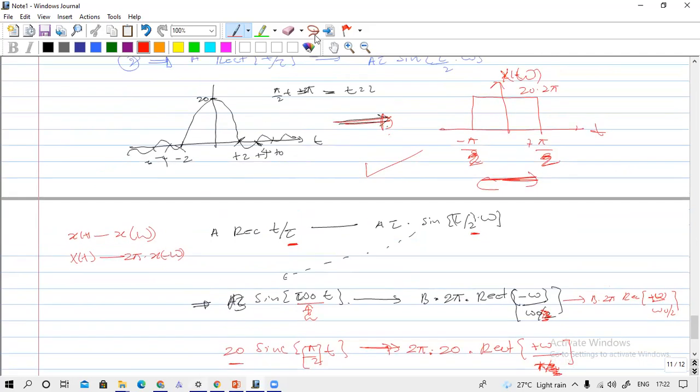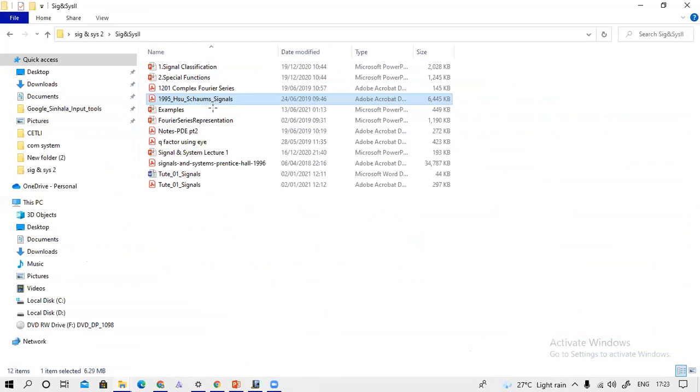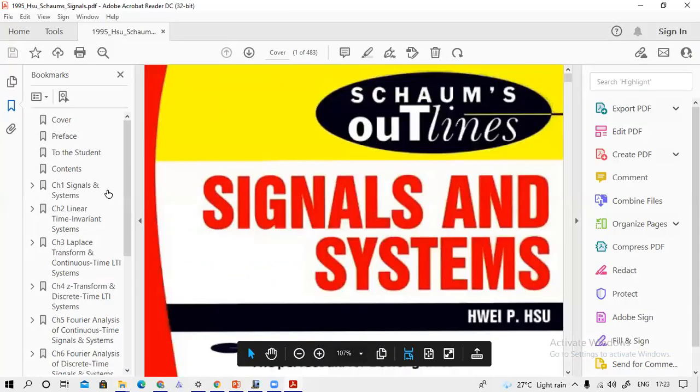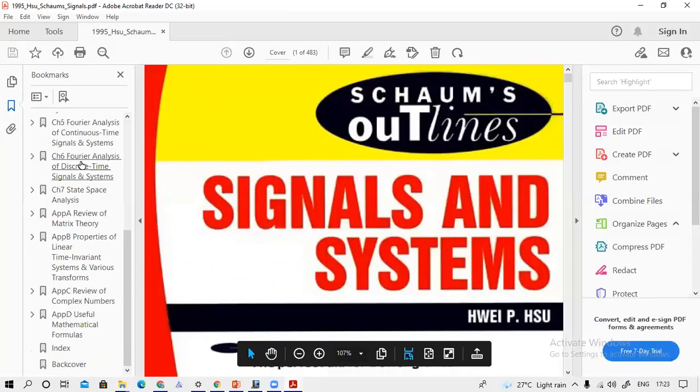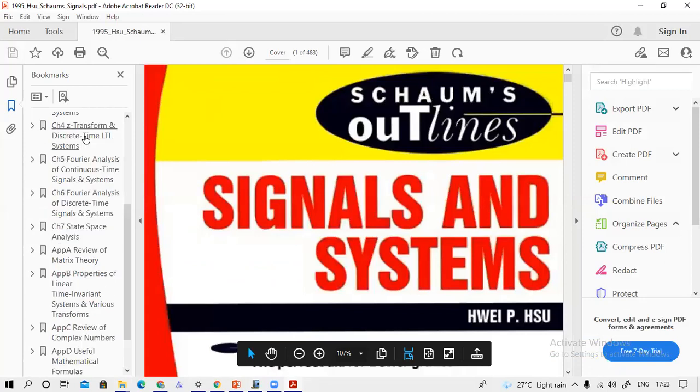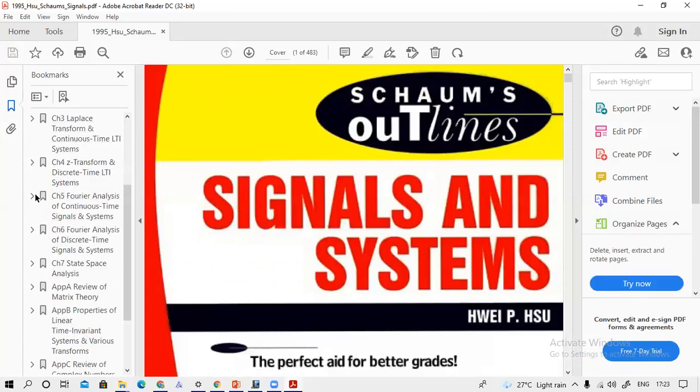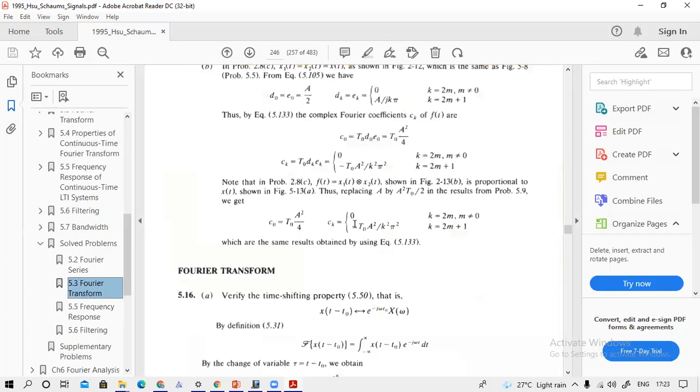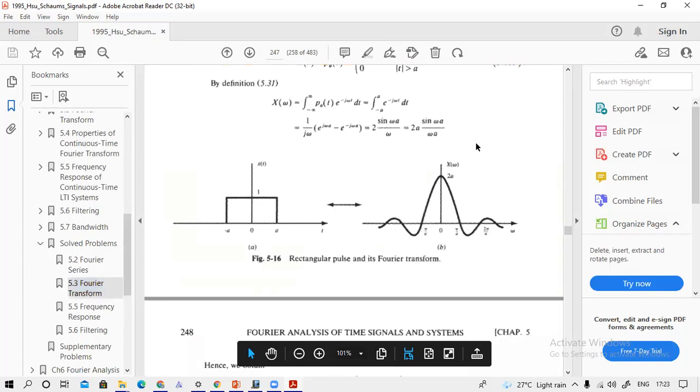So remember we have one, wait for a moment. You have Fourier analysis, and in solved problem, Fourier transform, we should have this one.